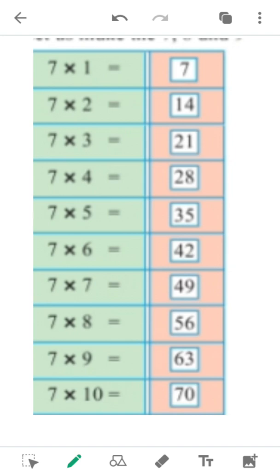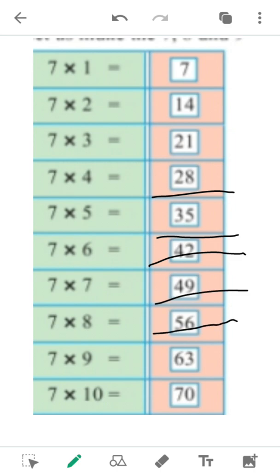All of you read along with me. 7 fours are 28, 7 fives are 35, 7 sixes are 42, 7 sevens are 49, 7 eights are 56, 7 nines are 63, 7 tens are 70.